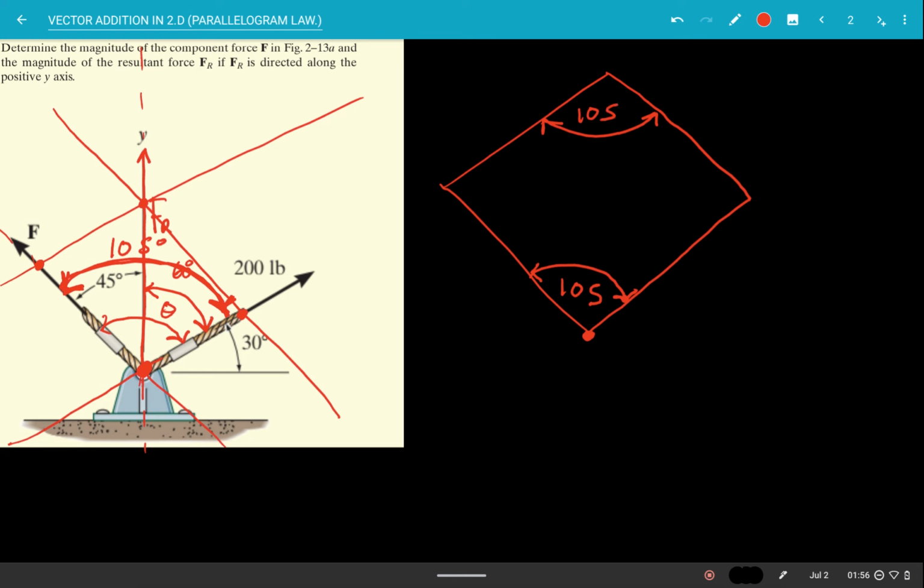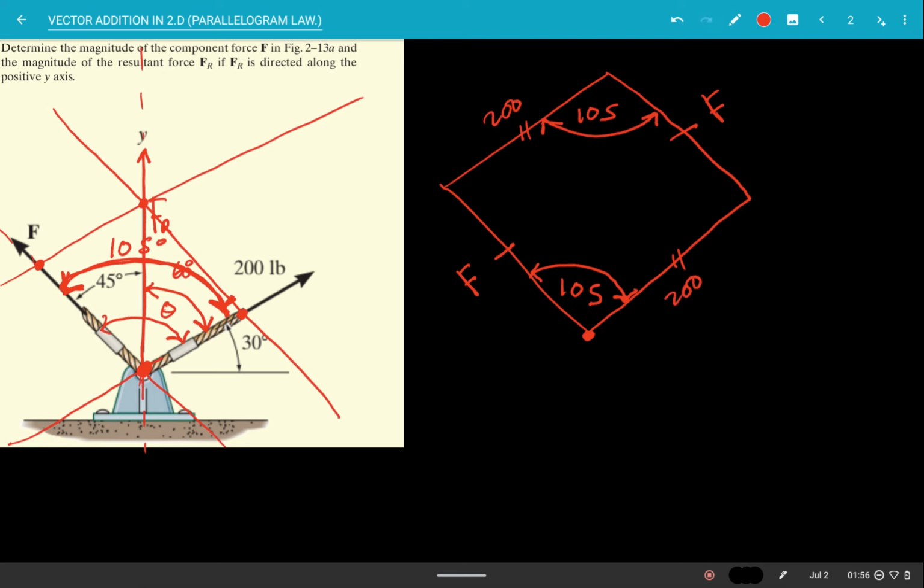So we know that this line is parallel to that line, and this line is simply the F line. So this is F. Even this is F. This line as well is parallel to that line, and this line is simply equivalent to the 200 pounds. So we write 200 there, 200 there.